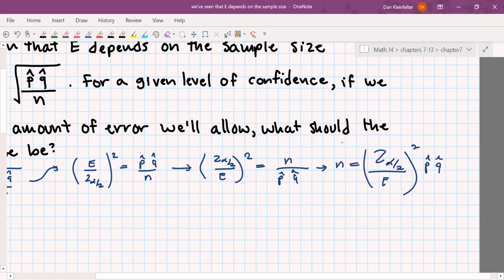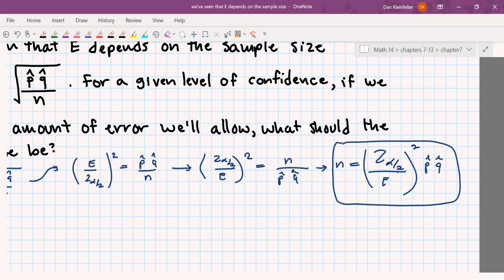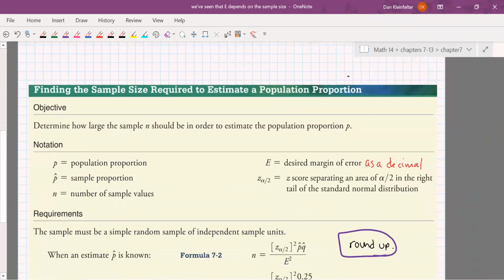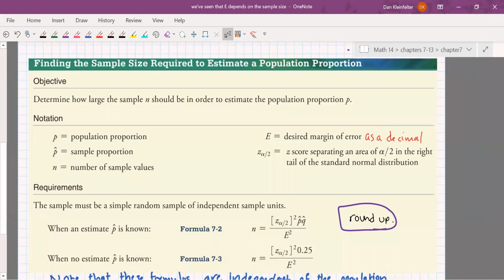So that will be our formula for the sample size. The inputs to it are going to be Z alpha over 2, which comes from how confident we need to be, and then the E, the margin of error, that is going to come from how wide we want the interval to be.